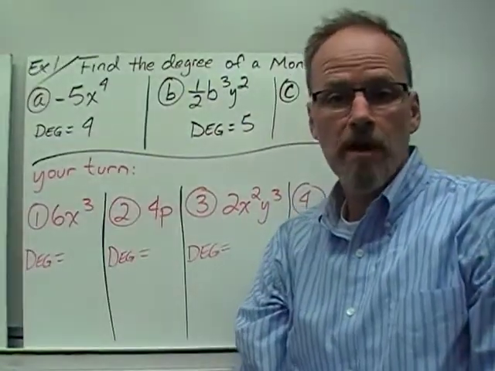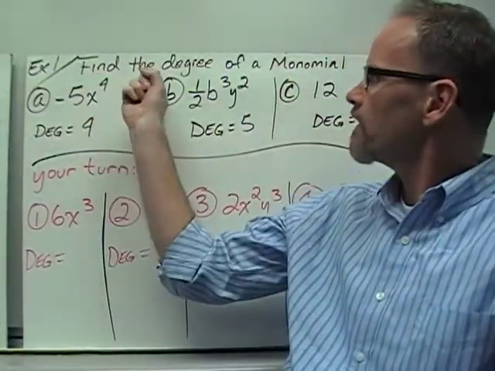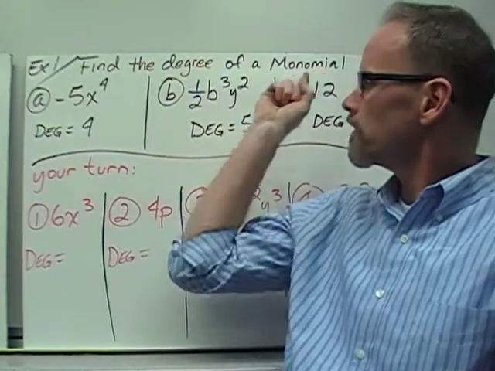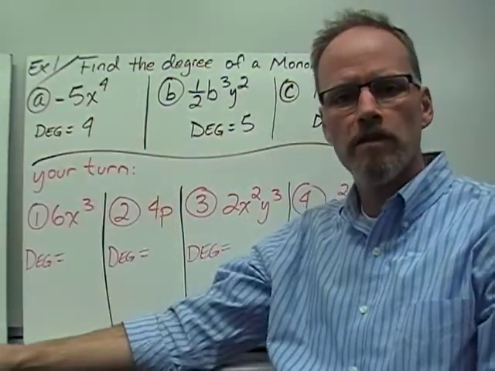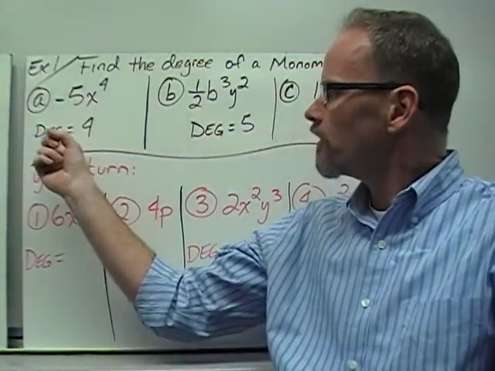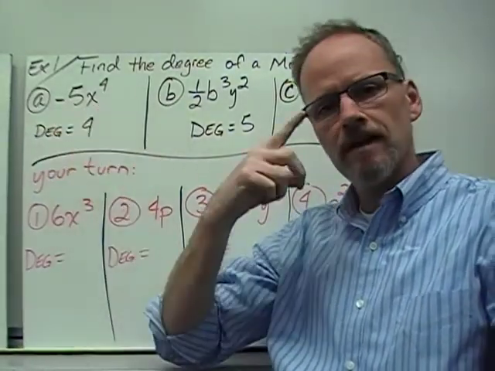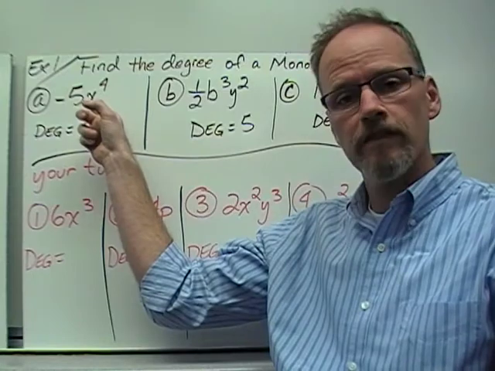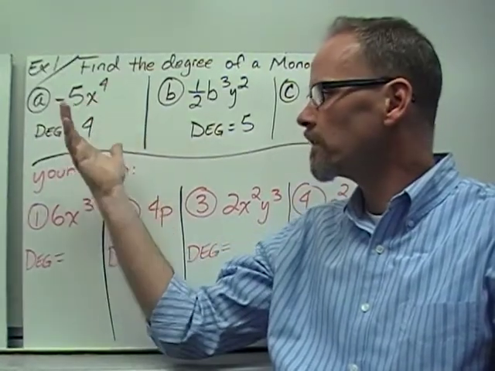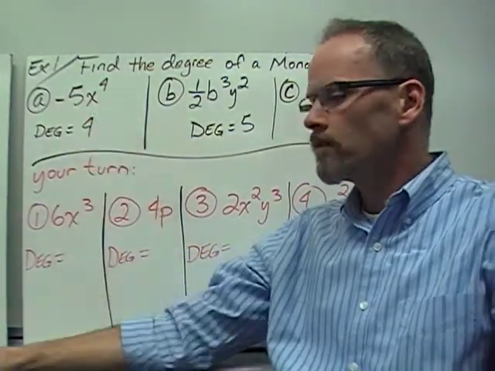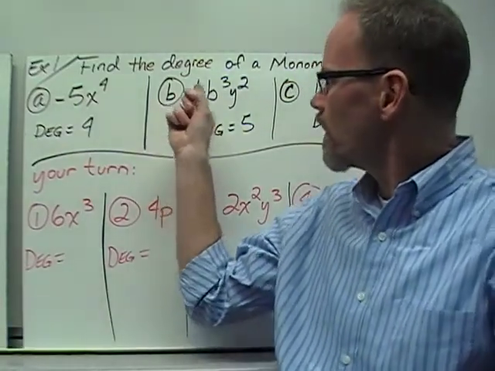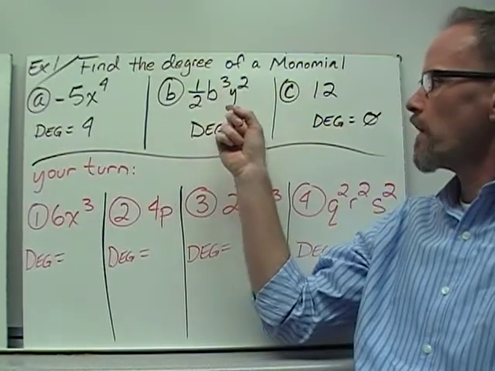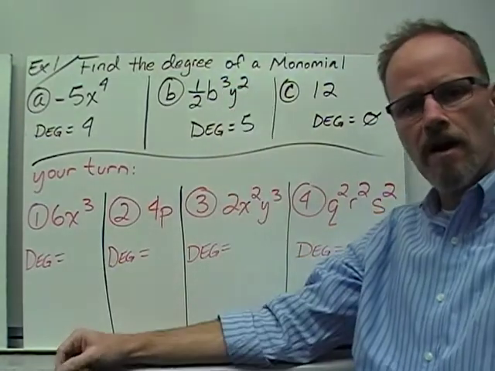So let's do an example. Find the degree of a monomial. In A, I have -5x to the 4th power. I know the degree is going to be 4 because I look for the variable and then I look for the exponent, and simply this is to the 4th power. For B, I have 1/2 b to the 3rd power, y to the 2nd power.